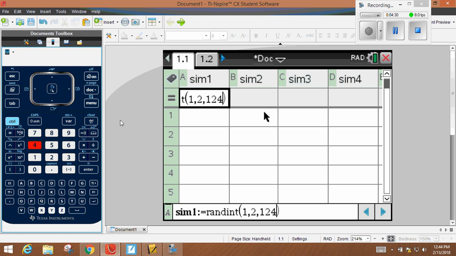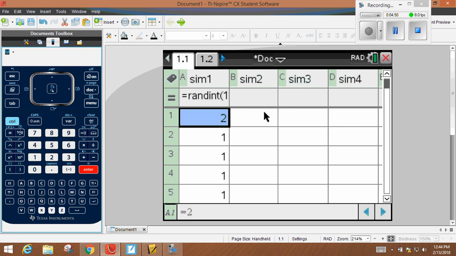So I'm simulating this at random, where if there were actually no preference, if people go right or left with no preference, then this simulation matches that scenario. So I'll hit enter, and there we go. Number 1 is a left tilt, number 2 is a right tilt, number 3 is a right tilt, number 4 is a right tilt, and so on.